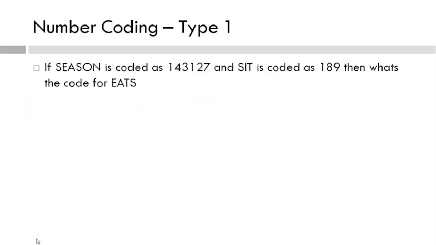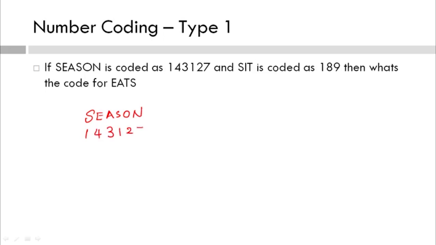Look at this problem. If season is coded as 143127 and SIT is coded as 189, then what's the code for eats? I have a word season, and season is coded as 143127.